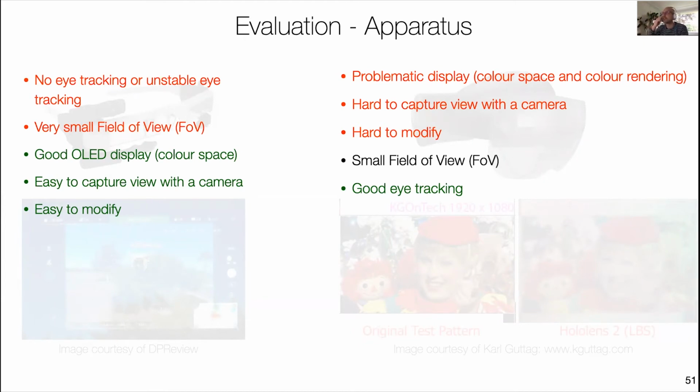On the HoloLens side, you have a really problematic display, color space and color rendering is really horrible. It's also very hard to capture results through the HoloLens. If you ever wanted to make a photo through a HoloLens, it's actually not that easy. HoloLens is also hard to modify, but they have a decent field of view, and they have good, integrated eye tracking.